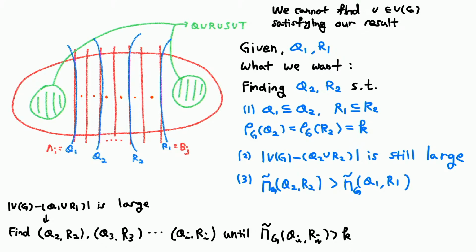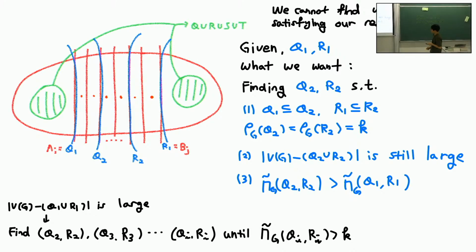Then if we can repeat this kind of process, because we first start with a very large number of vertices outside Q1 union R1, we can recursively find the sequence of pairs Q2 and R2, Q3 and R3, and Qi and Ri, until the local connectivity is strictly larger than K, because of this property.